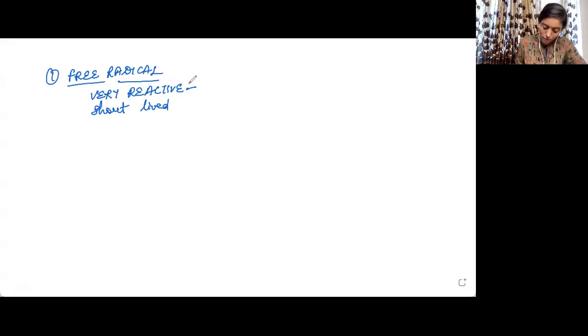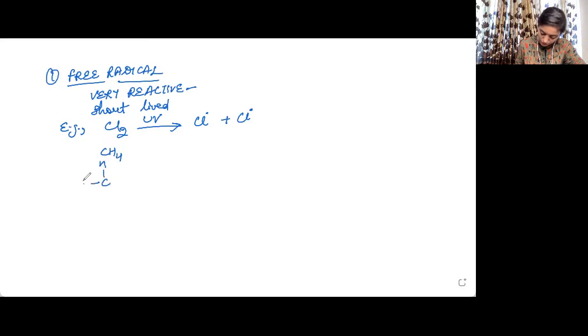Okay, now for example, if we have a chlorine molecule and it is exposed to UV light, it will undergo homolytic cleavage and it will lead to the formation of 2 chlorine free radicals. Now, because this is unstable, if in the reaction mixture we have methane, we can write it like this. We have methane.